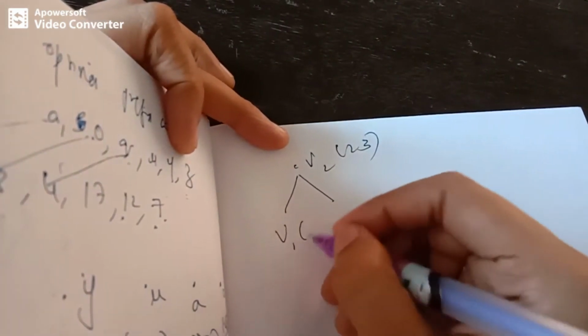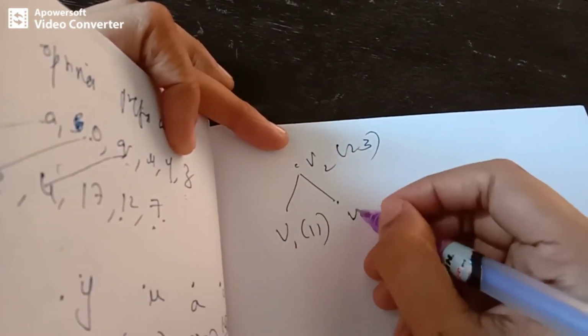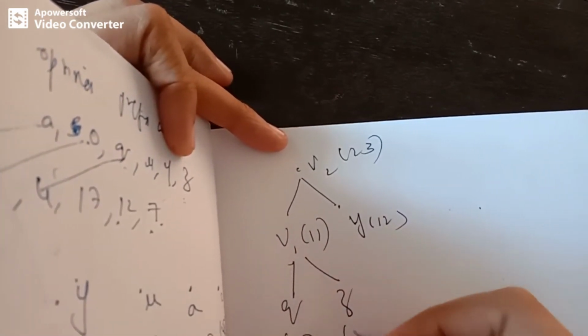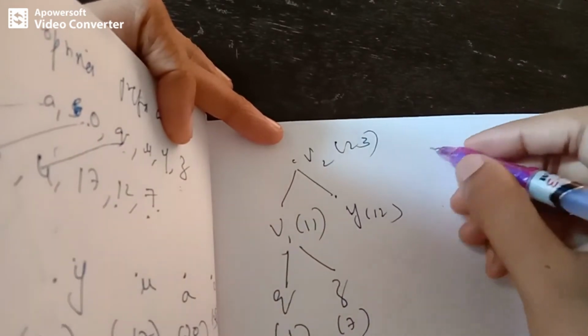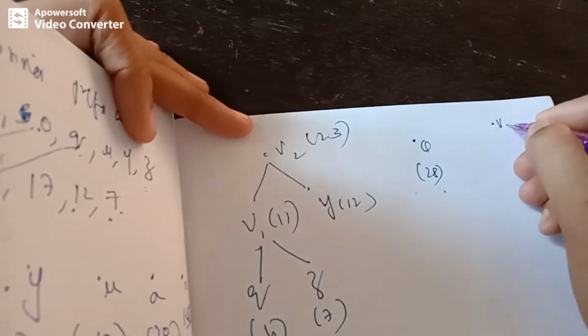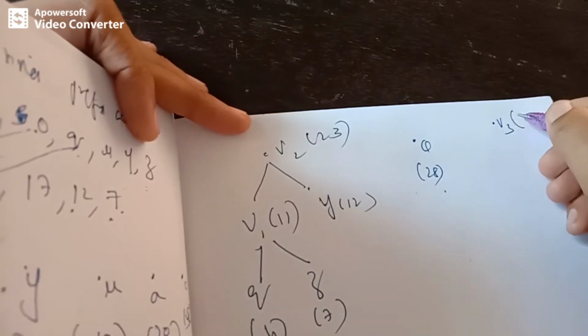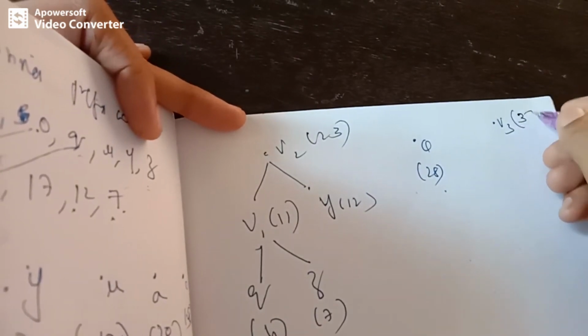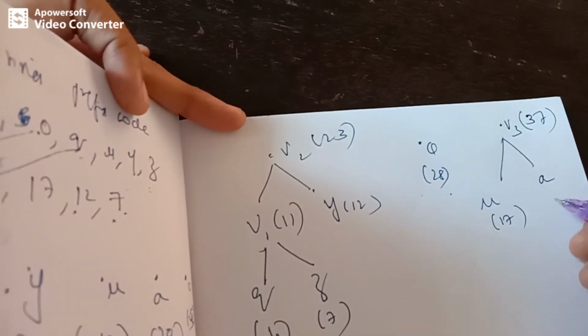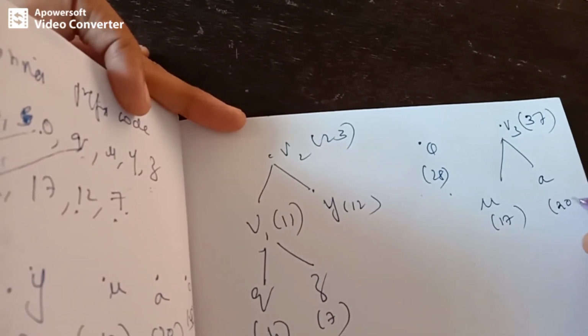Next you will have vertex V1, 11, Y, which has 12, and Q and Z with their weights. Next will be vertex O. Next you have the combined new tree with weight 37, and the children are U and A. Their weights are 17 and 20.